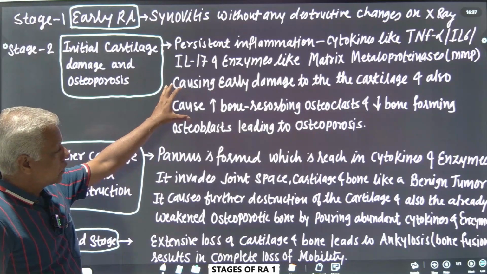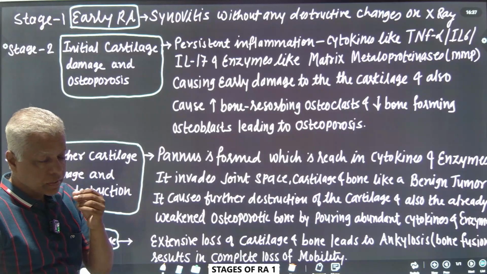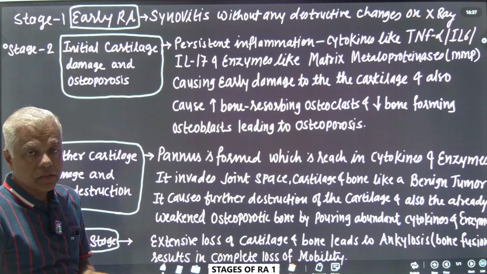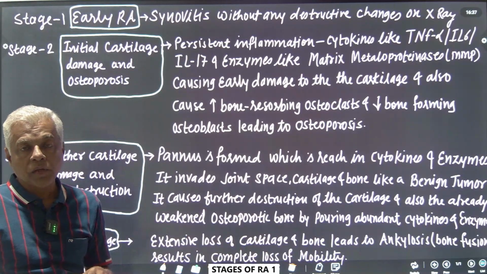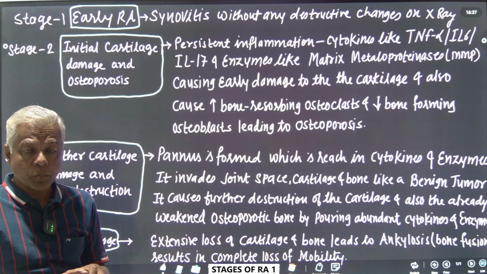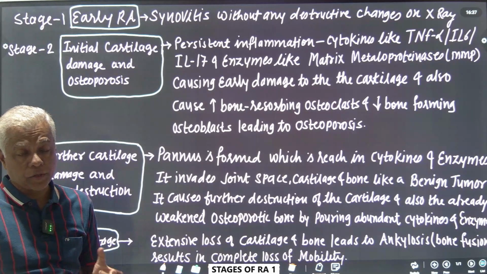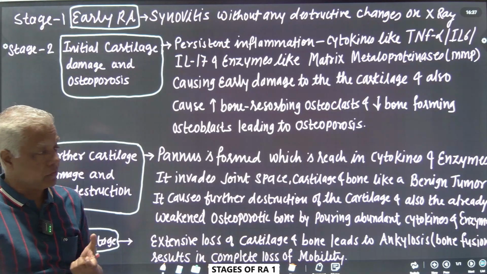We know that in this synovial membrane we have two types of cells, type A cell and type B cell. Type A cell we call a macrophage like cell, and type B cell we call a fibroblast like cell.